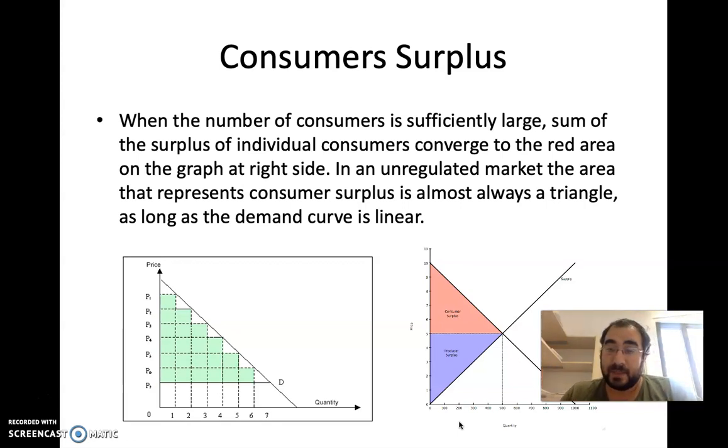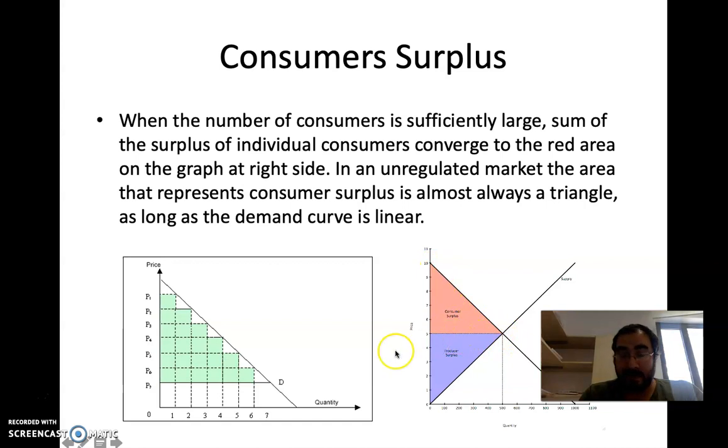Because of that, the mistake made by calculating this triangle instead of calculating the area of these rectangles one by one is considered negligible by mainstream economics, and the consumer surplus is calculated as the triangular area.